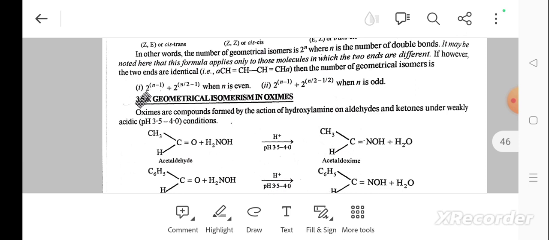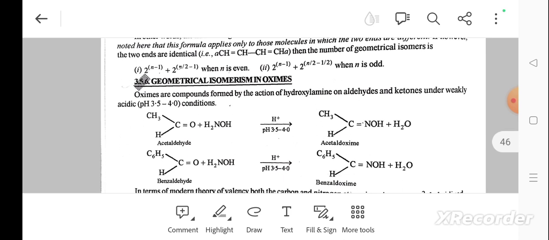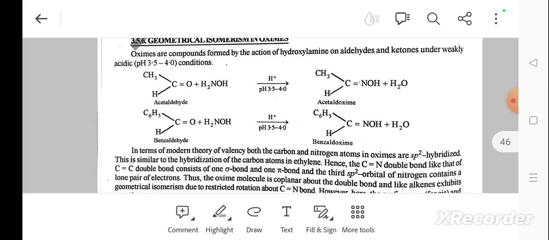It may be noted here that this formula applies only to those molecules in which the two ends are different. If, however, the two ends are identical, then the number of geometrical isomers is 2 to the power n minus 1 plus 2 to the power n by 2 minus 1, where n is even.